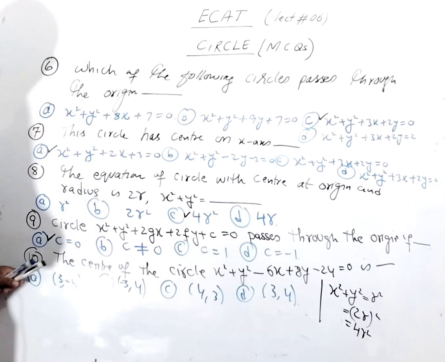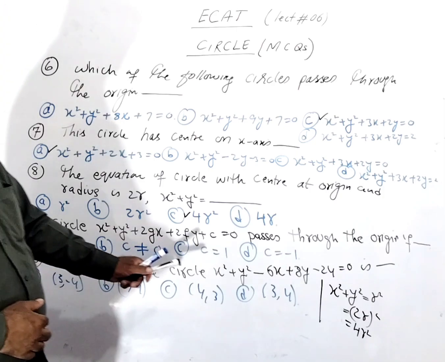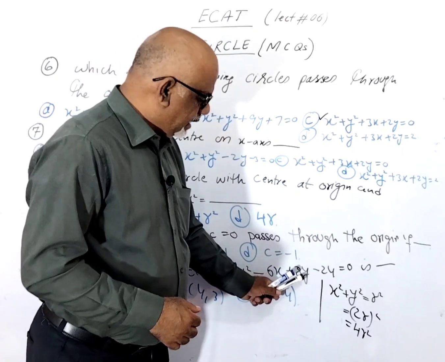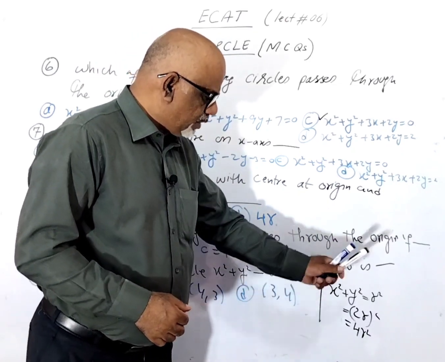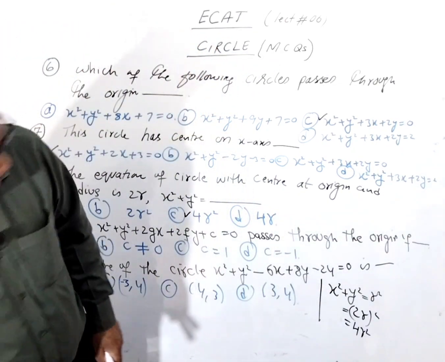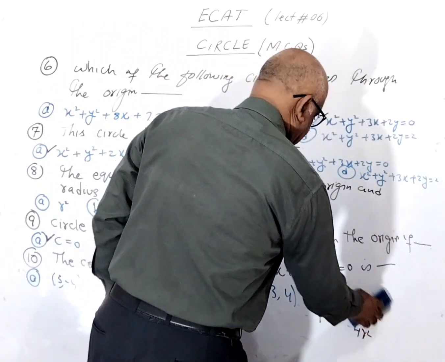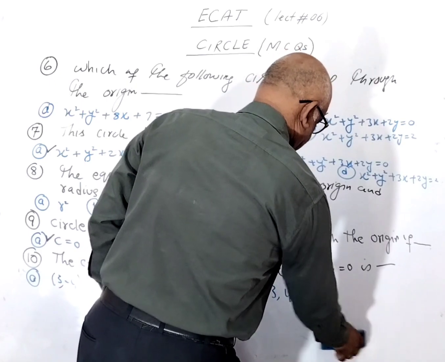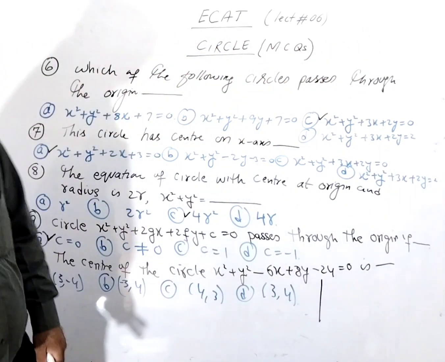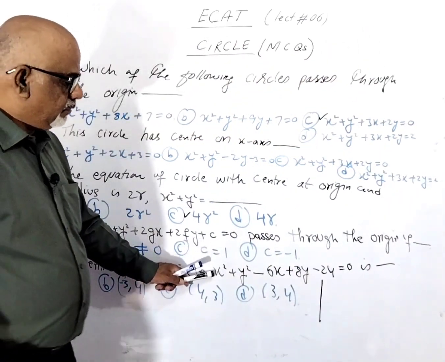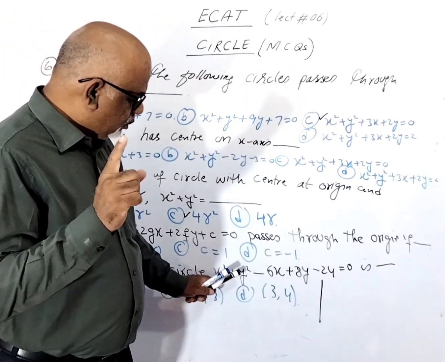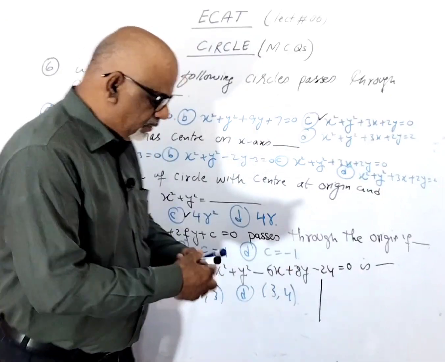Now come to the 10th MCQ. The center of the circle x square plus y square minus 6ax plus 8y minus 24 equal to 0. So here we have to find out the center of the circle. We have to compare this equation with the general equation x square plus y square plus 2gx plus 2fy plus c equal to 0.